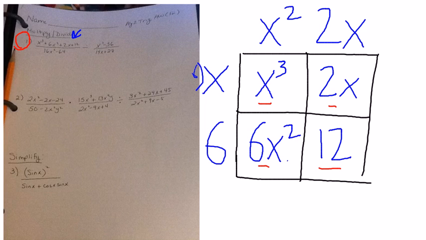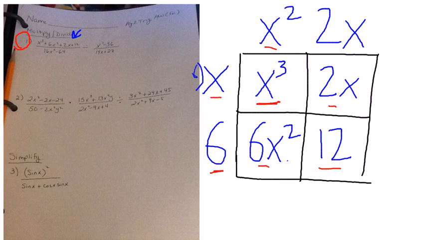So looking at the first term, x cubed. Well, what two things multiply to give you x cubed? It's got to be x squared and x, so that's where I got those from. And then if this middle term is 6x squared, this has got to be 6.